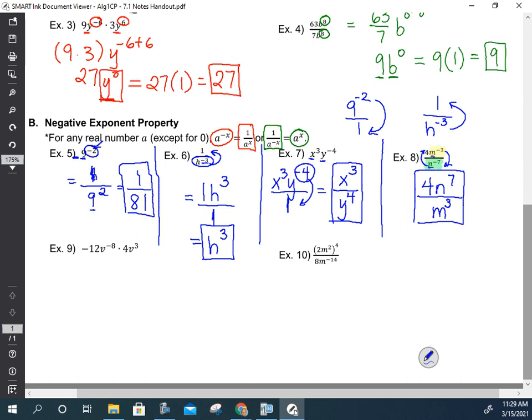So example 9, negative 12v to the negative 8 times 4 to the negative v to the third power. So remember, you cannot have the same variable in the problem. So if I'm multiplying with the same variable, what do I do with the exponents?